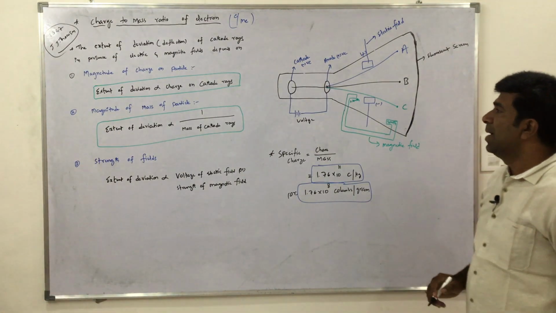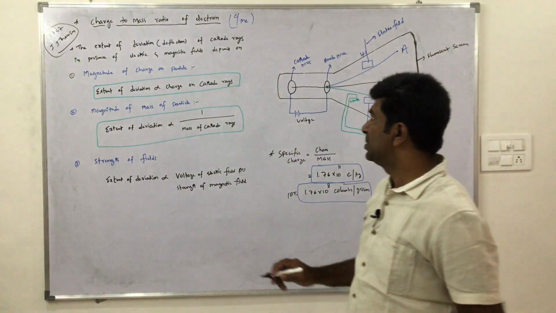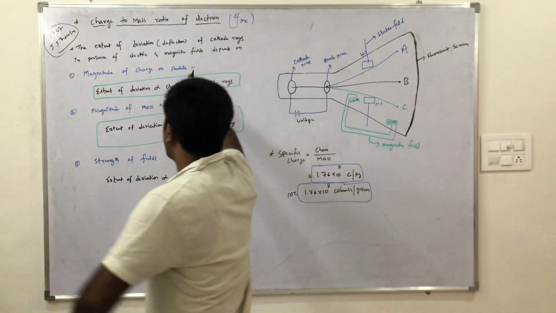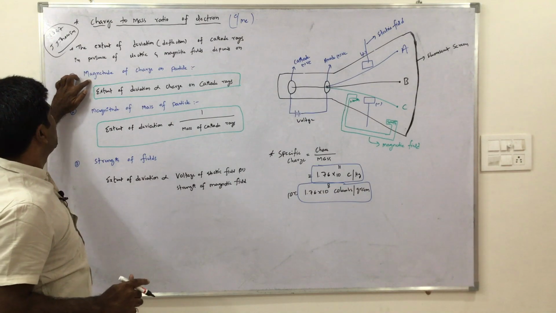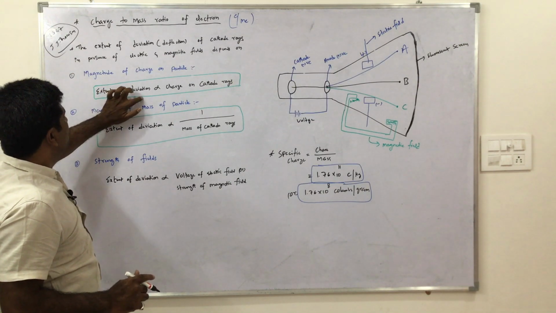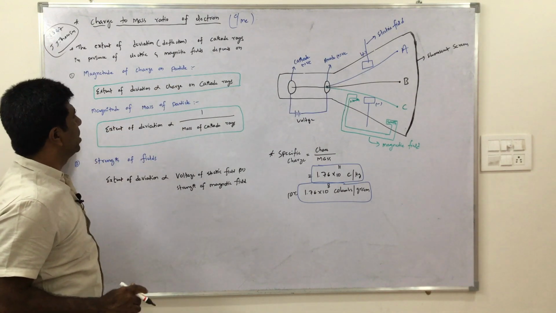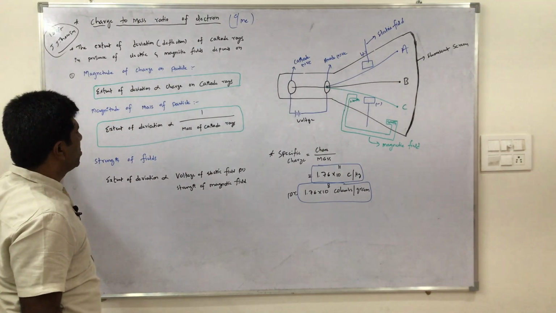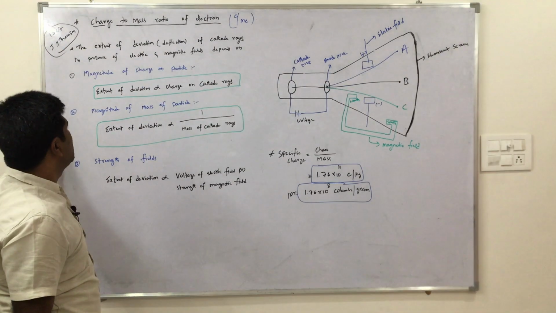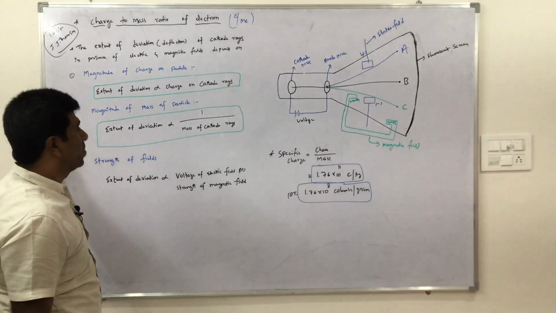The first one is the magnitude of charge on the particle. Extent of deviation is directly proportional to the charge on the cathode rays. If the cathode rays have more charge, the extent of deviation is more.